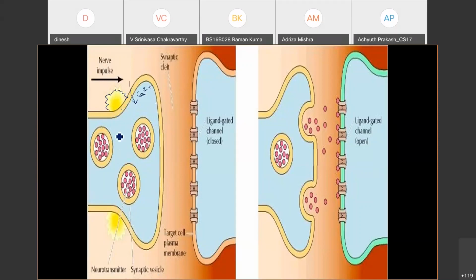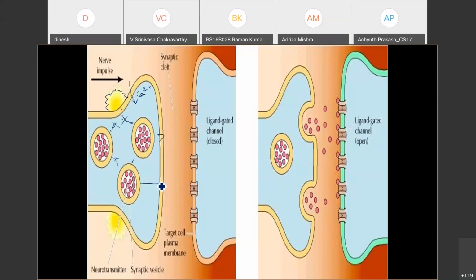Now these vesicles are held inside a protein matrix, like a network of proteins which hold them without moving. When the calcium comes in, all these bonds are snapped, and these vesicles, for whatever reason, start drifting towards the synapse.